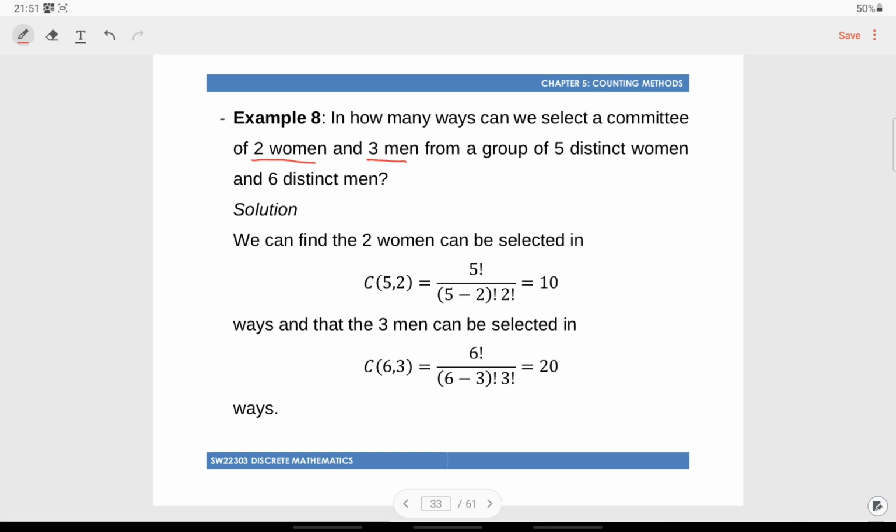The 2 women can be selected in combination of 5 2, because either we choose woman A followed by woman B, it is always equal to choosing woman B followed by woman A. So C 5 2 equal to 10, and the second step is to choose the men, which can be selected in 20 ways, because it is a 3 combination out of 6. So C 6 3 equal to 20 ways.